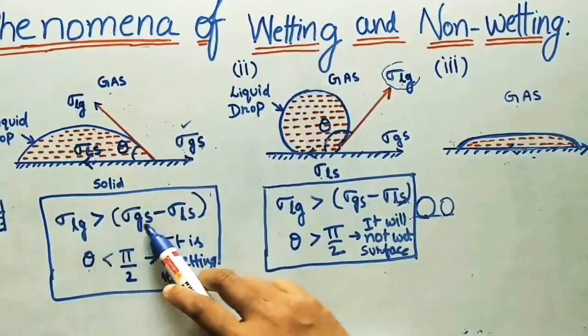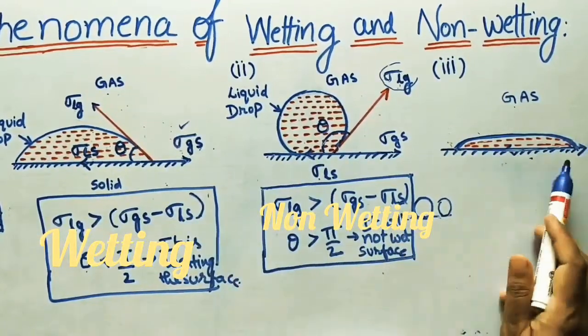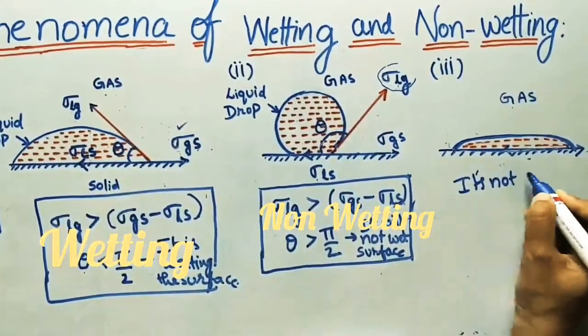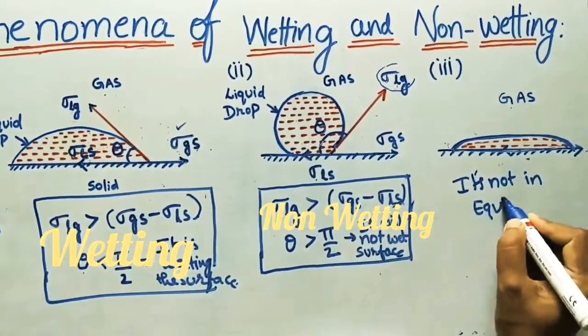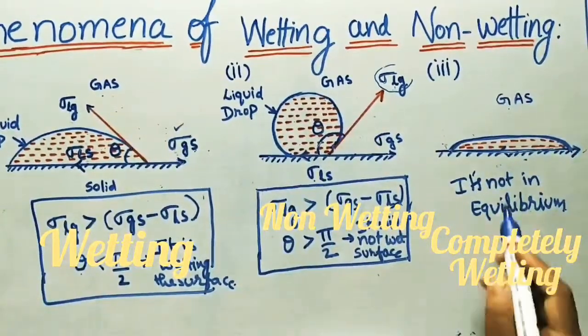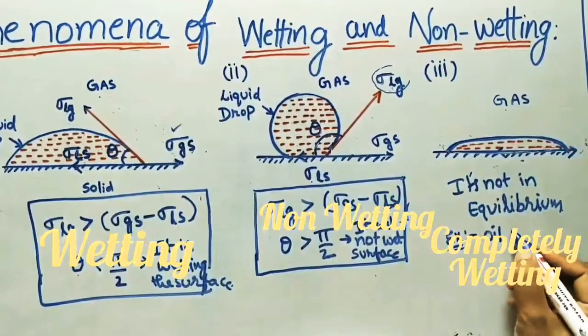In the first case, it is the wetting phenomena. In the next case, it is not the wetting phenomena. In the third case, it will spread on the surface. It is not in equilibrium, but it will totally wet the surface. It is a completely wetting phenomena. Remember these three cases.